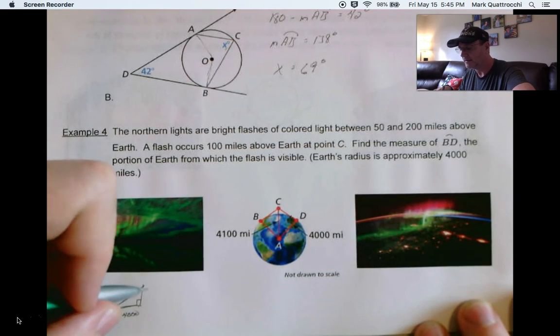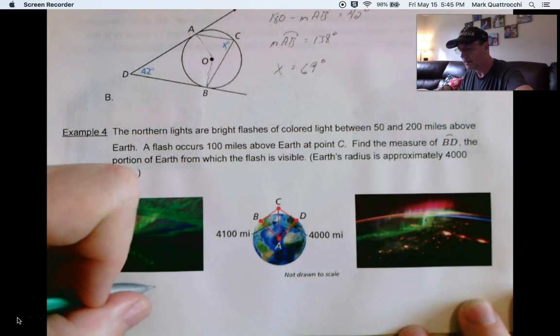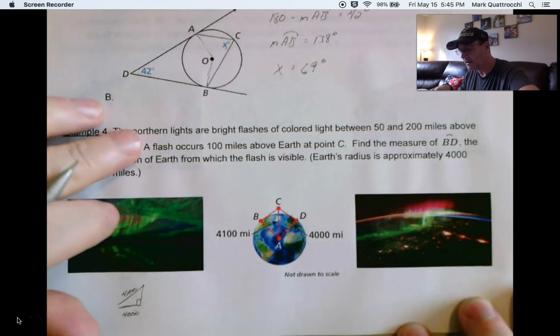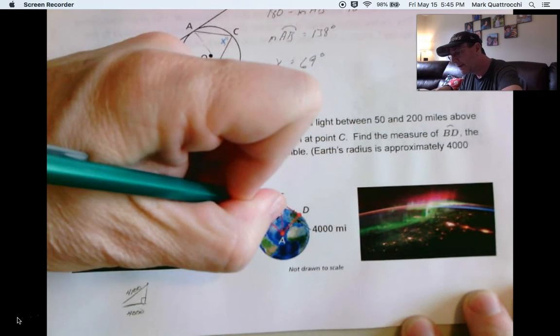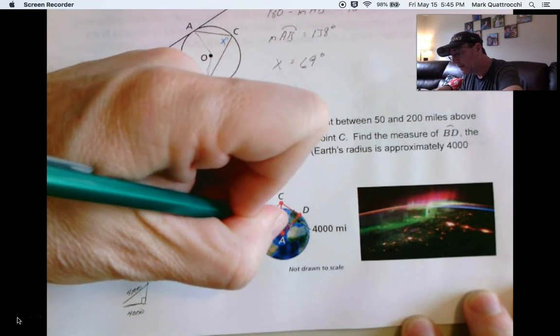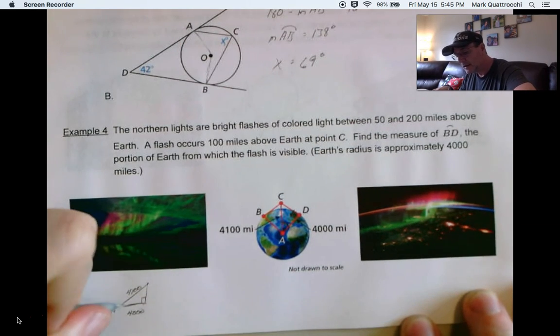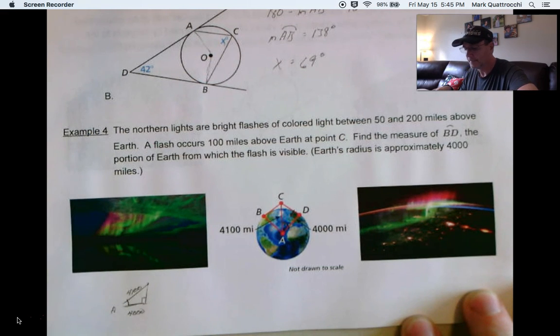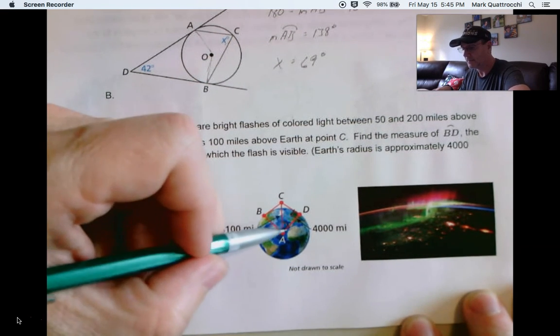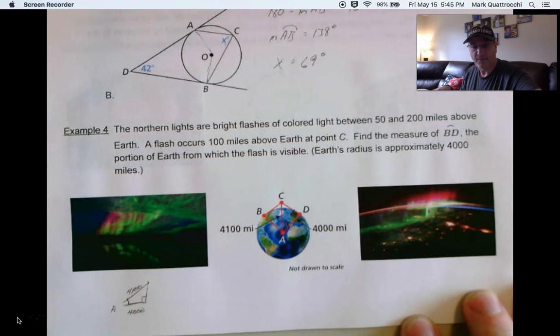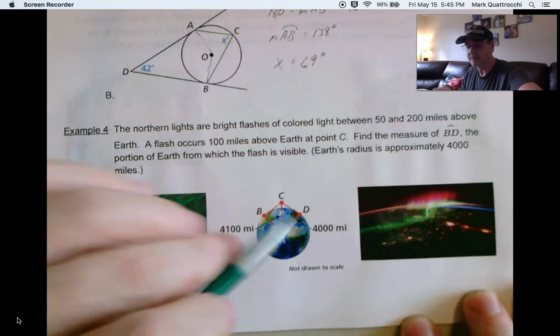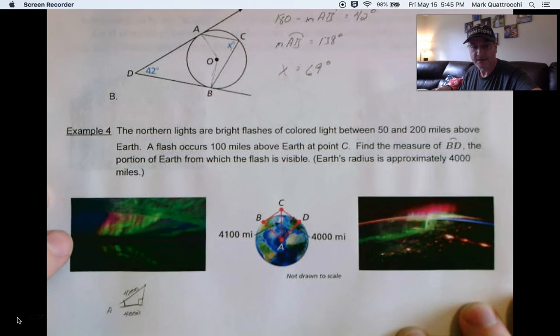And we want to find this angle here, which is this angle here, angle A, and then double it, find them, and then that will tell us the measure of arc BD.